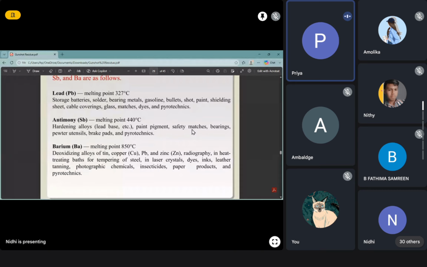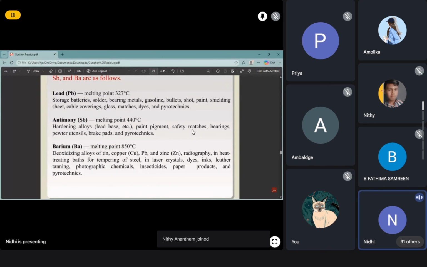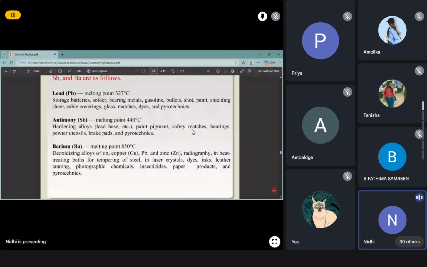Give answer, please. Okay. So it is basically used for hardening that jewelry, which is not complete gold. So you will be able to modify the shape. Antimony is used for hardening that particular jewelry.